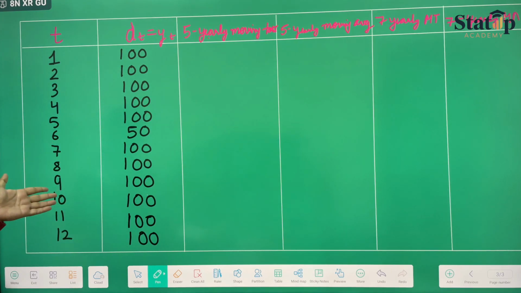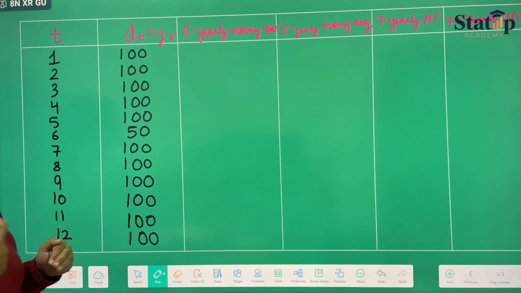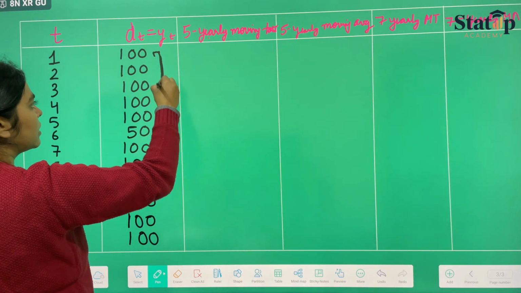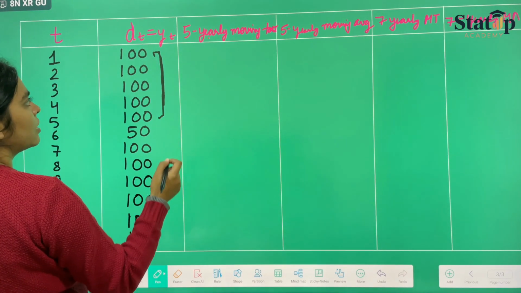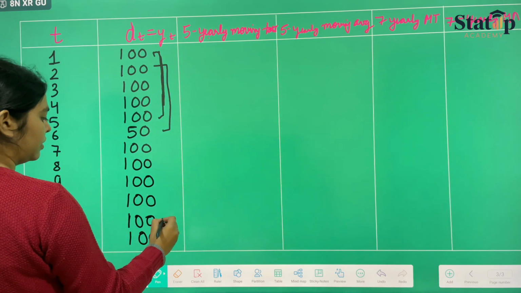So first we'll calculate the 5 yearly moving total of these terms. So we'll see how the 5 yearly moving total comes. First of all, if we calculate this, then there should be 5 terms, and then this, and up till here.